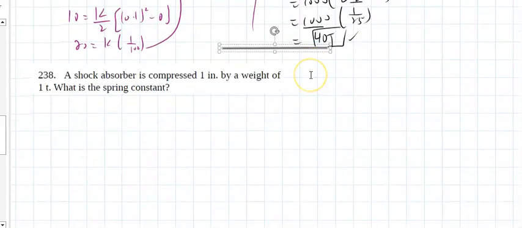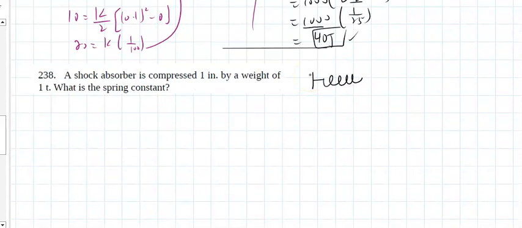A shock absorber is compressed. Well, okay, now in this case, we're talking about compressing. Works the same way. It's compressed by 1 inch by a weight of 1 ton. What is the spring constant? Well, F equals kx, and the force is 1 ton, equals k times 1 inch.